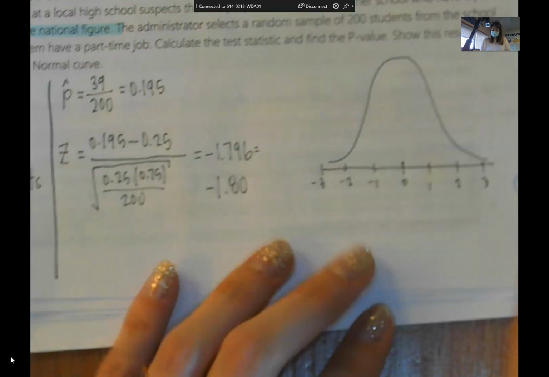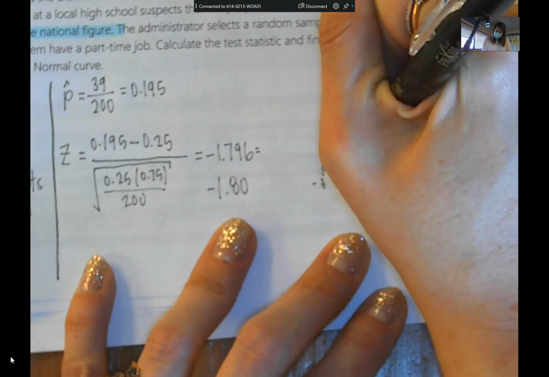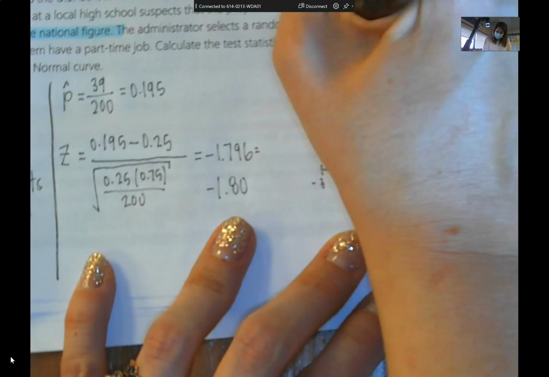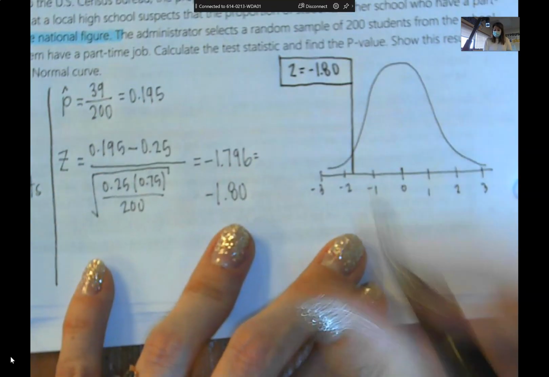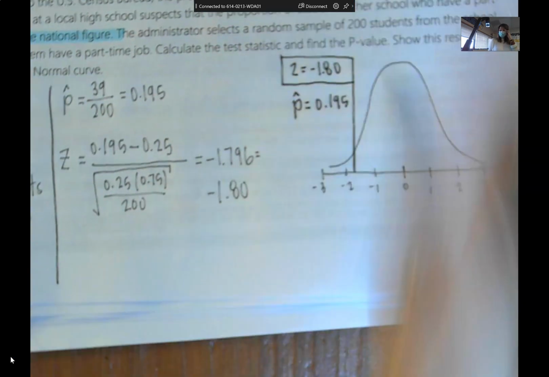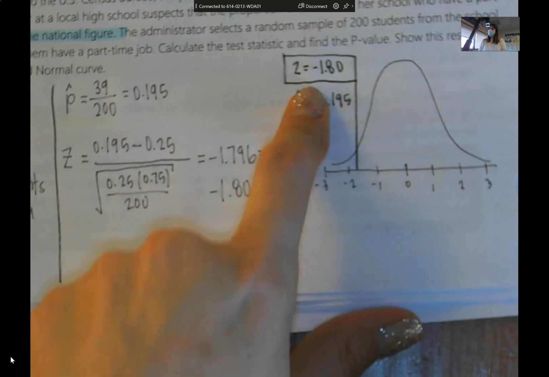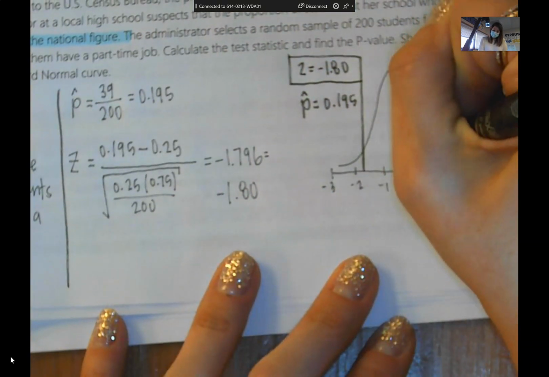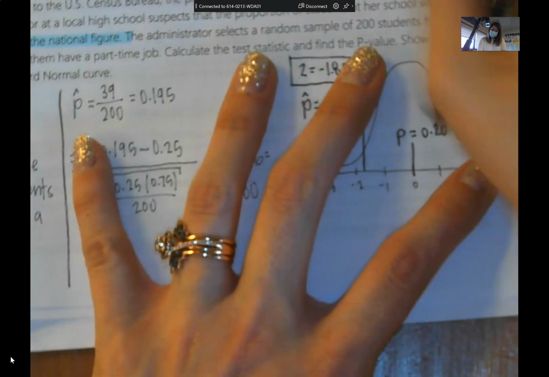So our sample value is at negative 1.80, so that's where I'm going to draw my flag. This matches a P hat of 19.5%. We are 1.8 standard deviations below the center, which is the claimed value of 25%.